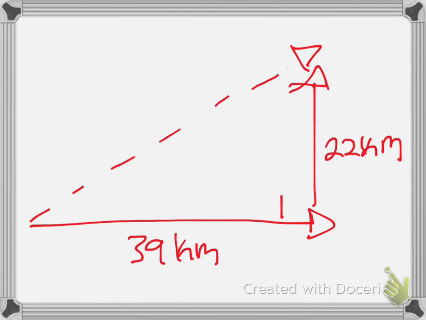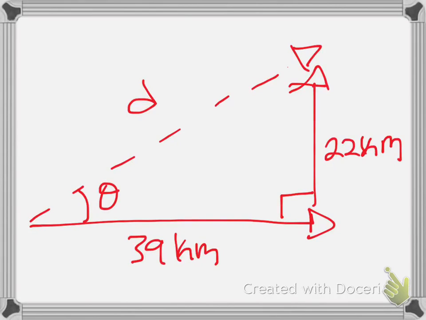Okay, and we know this is a 90-degree angle, so now we should be able to use, and we'll say that this is our distance here, the Pythagorean theorem to solve for the magnitude of d, and then to solve for theta, we will need to use the tangent function. Okay, so go ahead and try and solve those, and then we'll come back together.